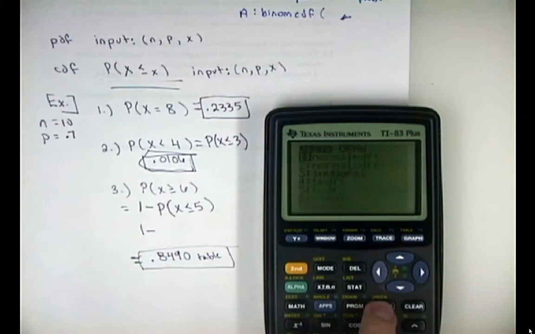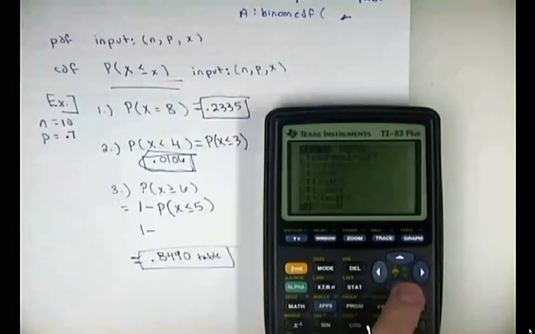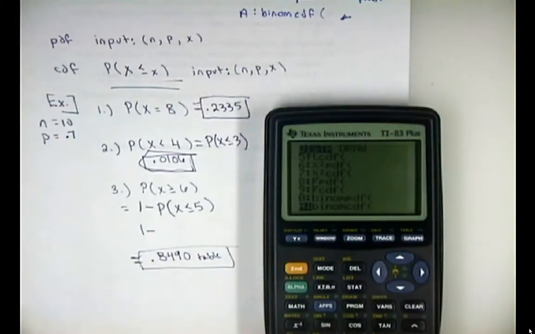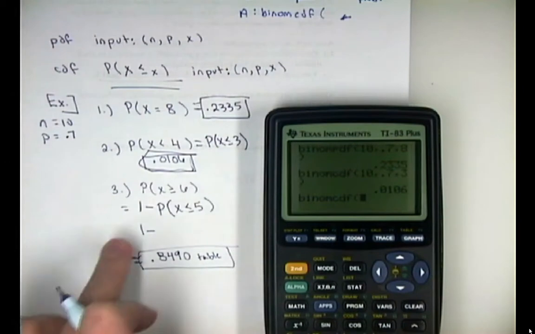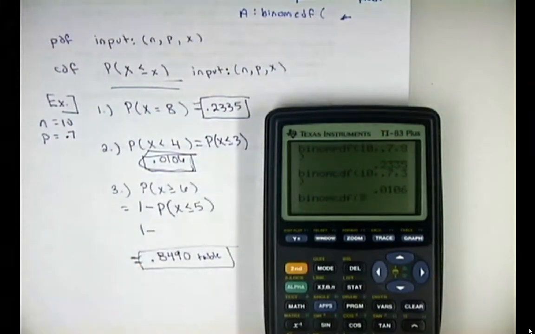So second, distribution, go down, and again I explained the tricks in class and in the notes and everything, so you should have seen that already. This is just how to input and talk to your calculator.